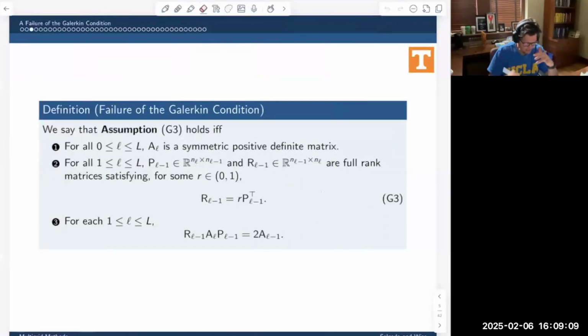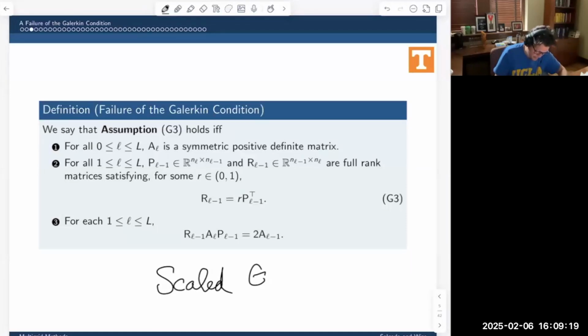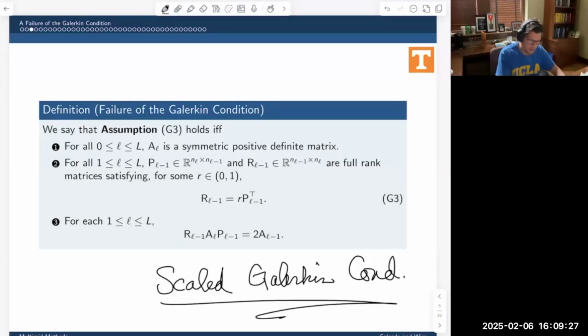The type of condition that we're going to consider is what I'm calling a scaled Galerkin condition. So it's not the standard Galerkin condition. The standard Galerkin condition has two things going for it. The restriction and prolongation operations are a balanced pair. That is, both the restriction and prolongation are full rank matrices of complementary size.